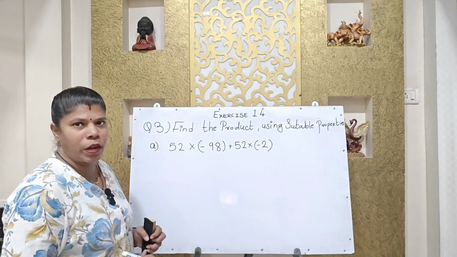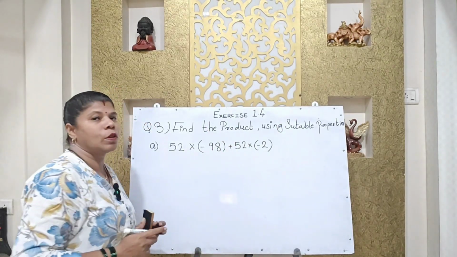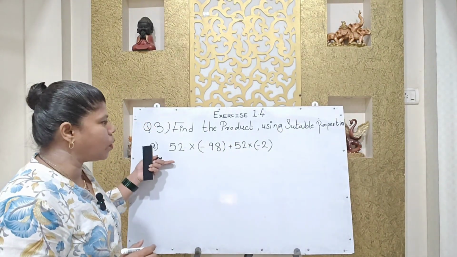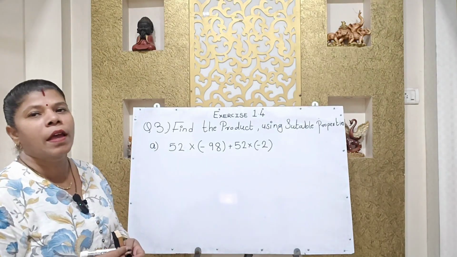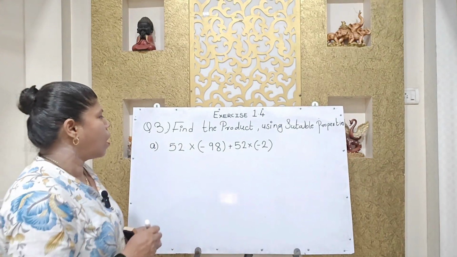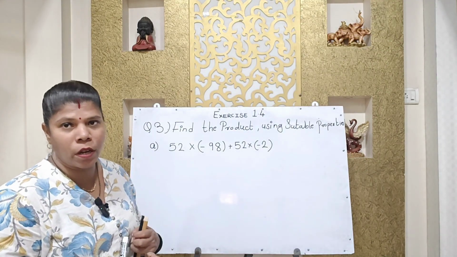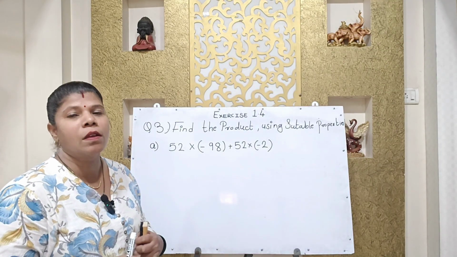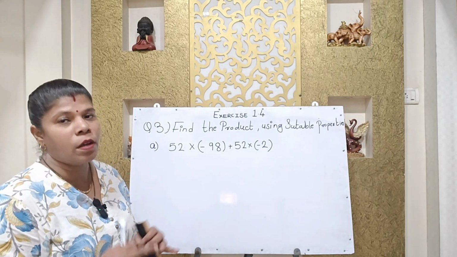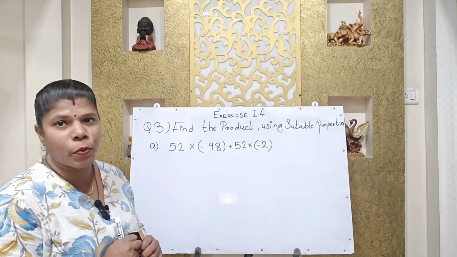Question number 3. Find the product using a suitable property. So we have to solve this sum and we have to use the property also. Now you know the different properties we have already learned. Closure property: A multiplied by B is always an integer. A multiplied by B equals B multiplied by A is the commutative property.